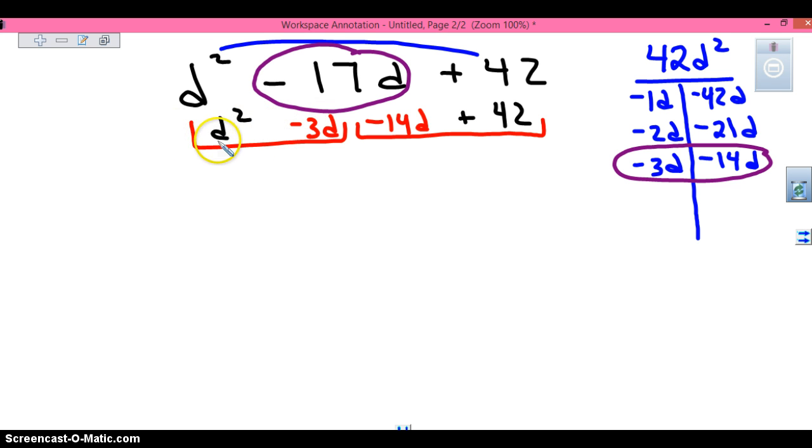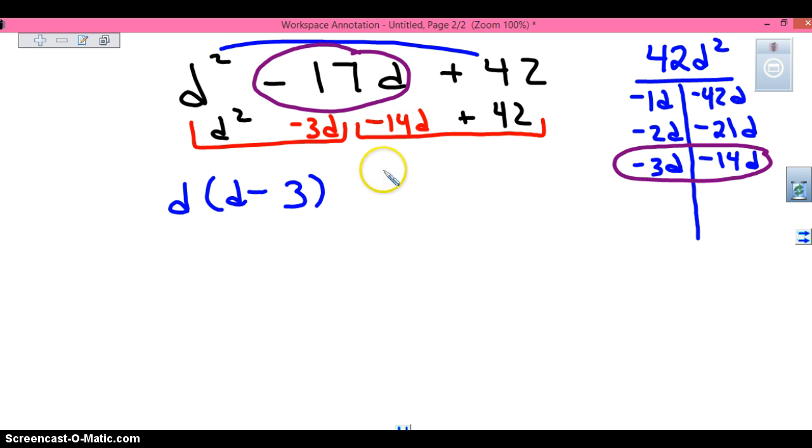What is the greatest common factor of d squared minus 3d? d. d squared divided by d is d. Bring down the minus sign. 3d divided by d is 3. What is the greatest common factor of negative 14d and 42? Negative 14.